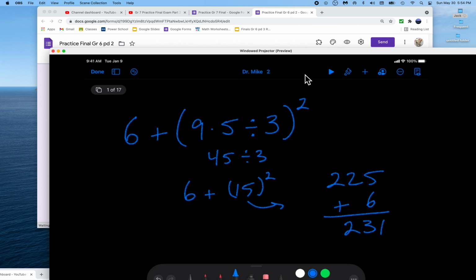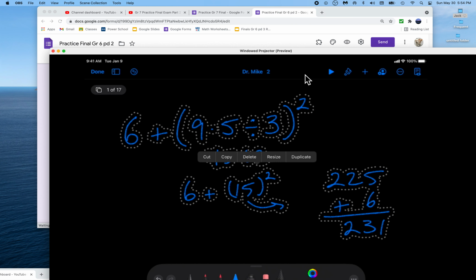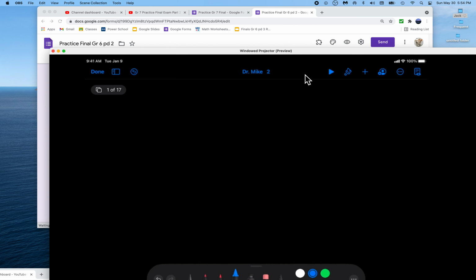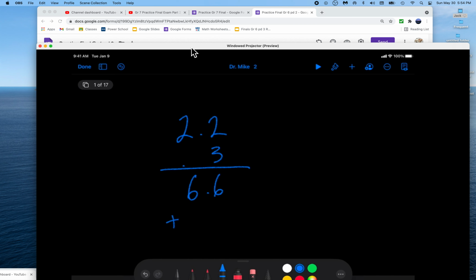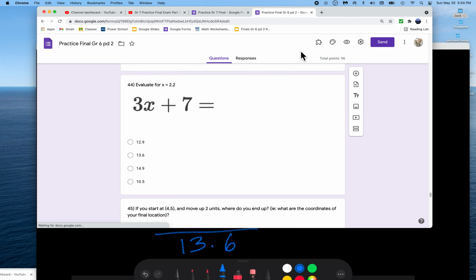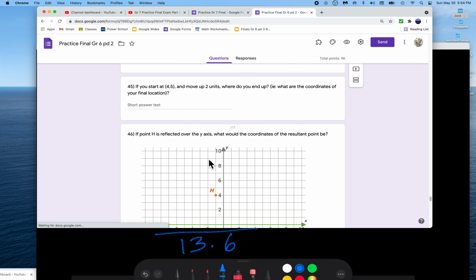So we're going to end up with 3 times 2.2, which is going to be 6.6, and then we are going to add 7. Again, when you're adding decimals, it's easier to put the point 0 like that. 13.6 will be your final answer. There it is, choice 2.